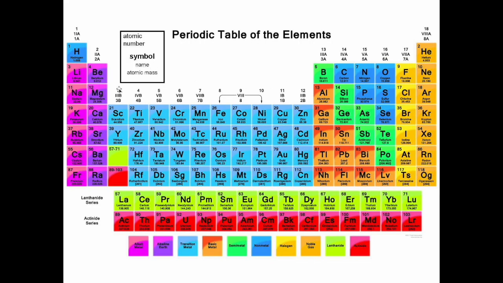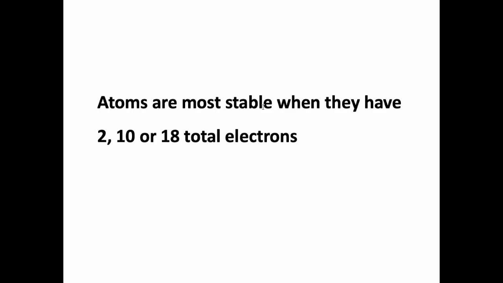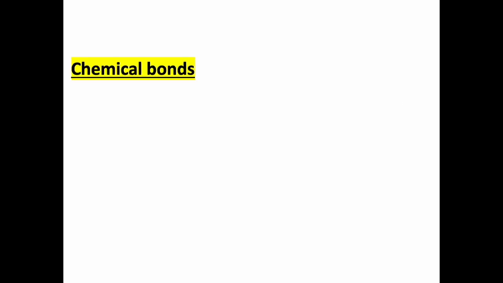Most other elements here don't have, by default, 2, 10, or 18 total electrons, which means they're not as stable as they could be. So because these atoms are not as stable as they could be, they're going to do whatever they can to get to these total numbers. They are going to form chemical bonds with one another in order to achieve this stability.